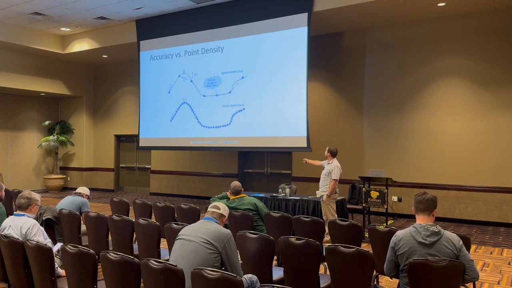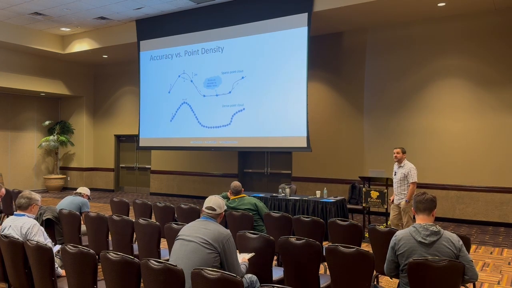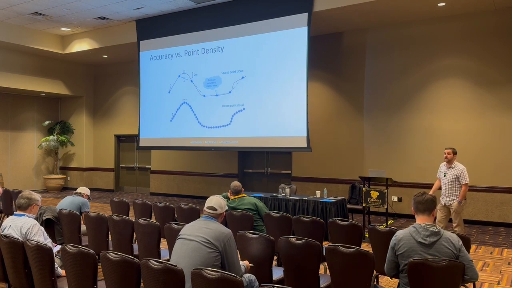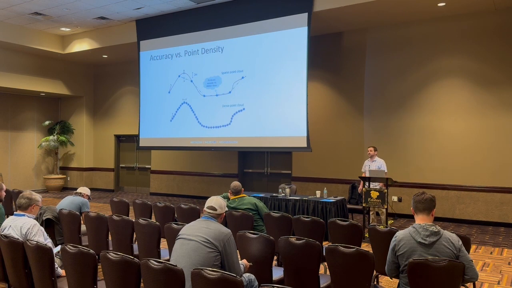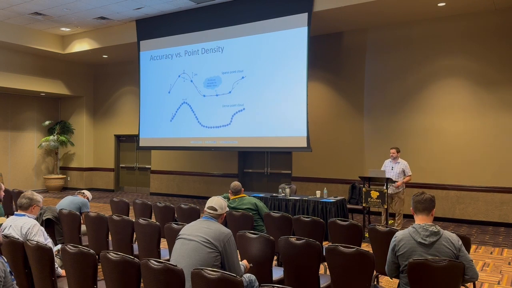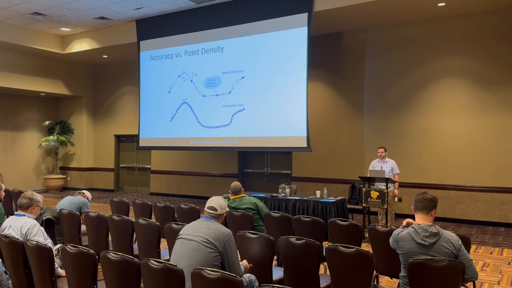So having this higher point density that much more faithfully reflects the surface is generally going to be a better solution there. So be aware of point density selection, either when you're setting up your LiDAR system or when you're actually drafting it and rasterizing and converting all of your data down the line.